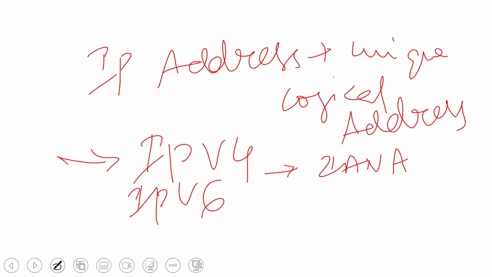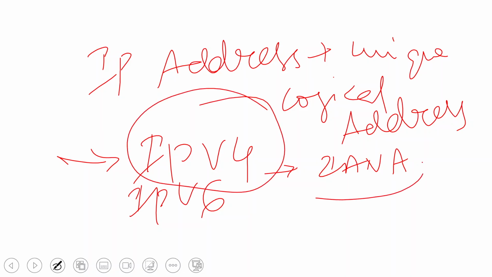These days, everybody has slowly started using IPv6 addresses as well, because the IPv4 space is almost done. IANA has already given all the IP addresses it has to the companies. So slowly people are shifting towards IPv6 addresses.